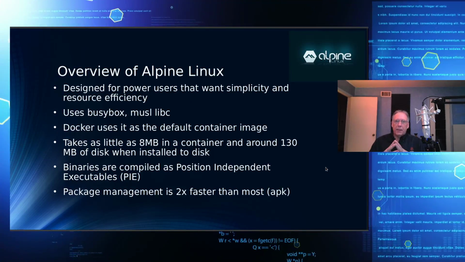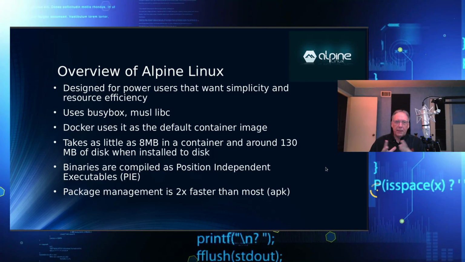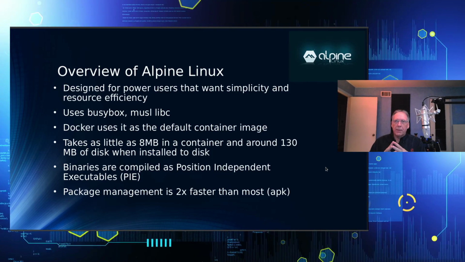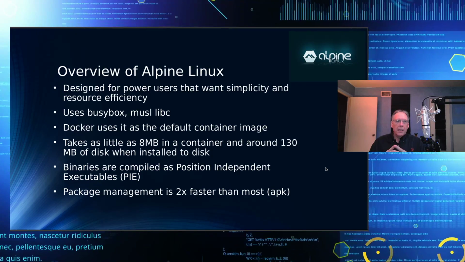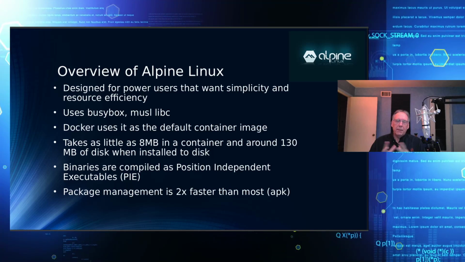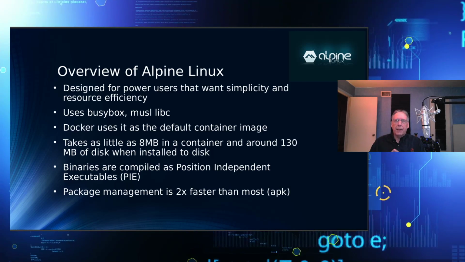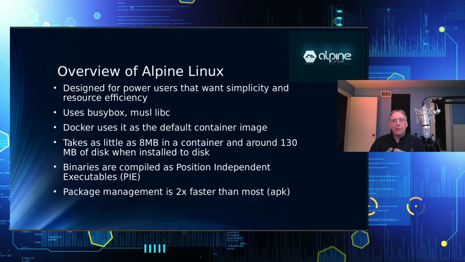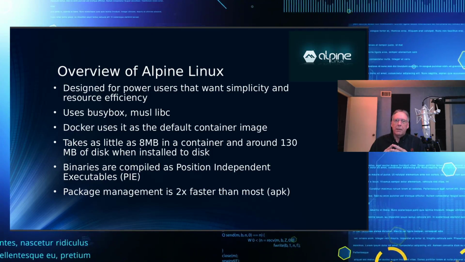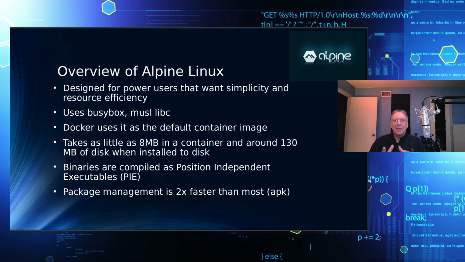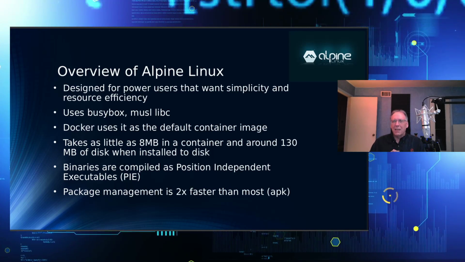Some of the features of Alpine Linux: as we mentioned, it is designed for power users that are looking for that small, tight version of Linux. It does use Busybox. Busybox is kind of an Uber application that replaces about 300 Linux commands, so it is very small. It's maybe 300 kilobytes in size or so.